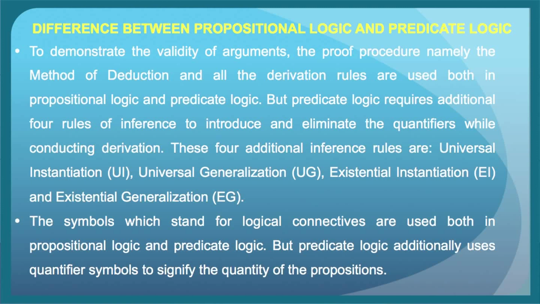These four additional inference rules are universal instantiation, universal generalization, existential instantiation and existential generalization. The symbols which stand for logical connectives are used both in propositional logic and predicate logic, but predicate logic additionally uses quantifier symbols to signify the quantity of the proposition.